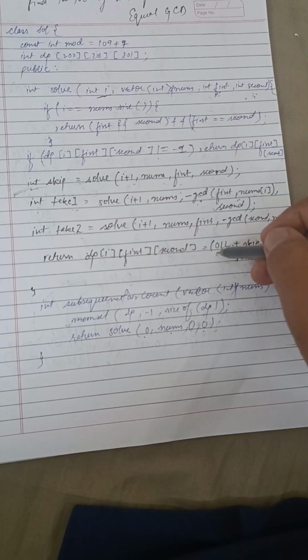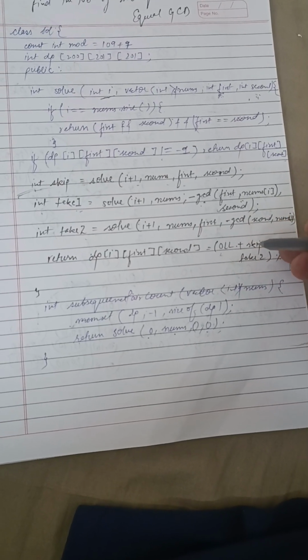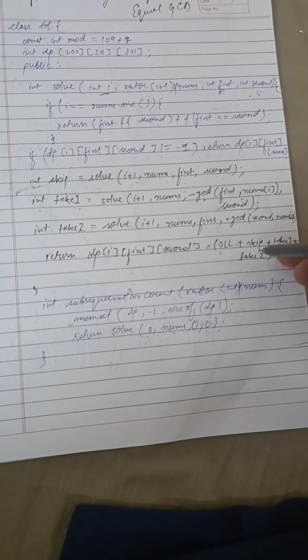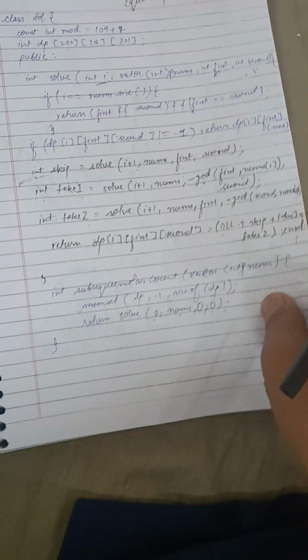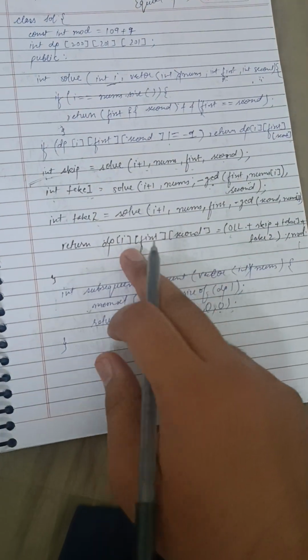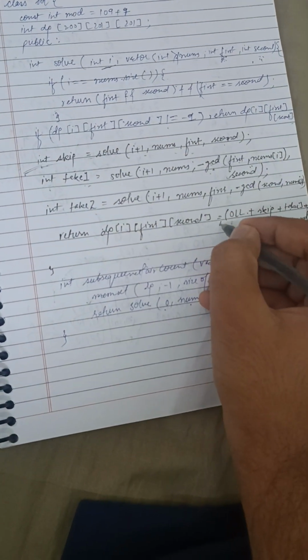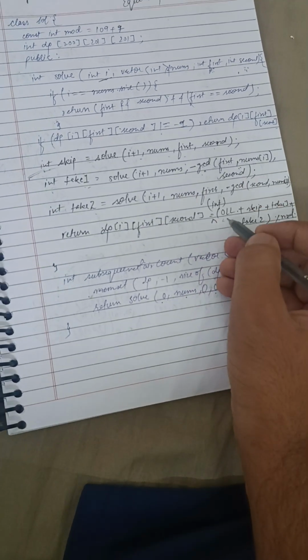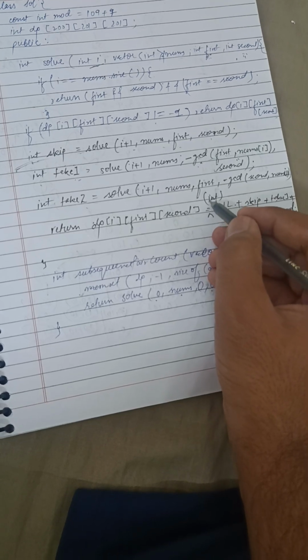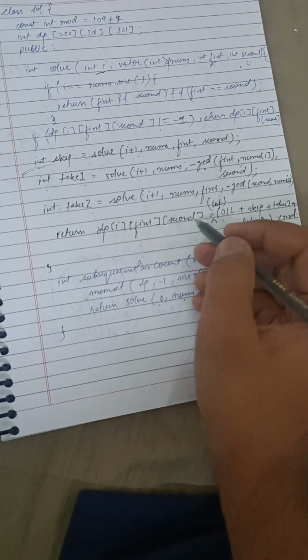So the moment I add 0 LL, it becomes long type. I have done the modulo also. Since it is an integer, I have to typecast it as an integer, and the moment it gets returned, it is typecast again into an integer.